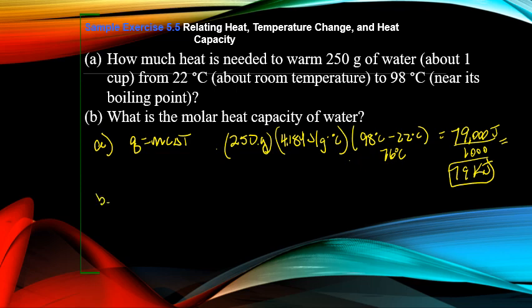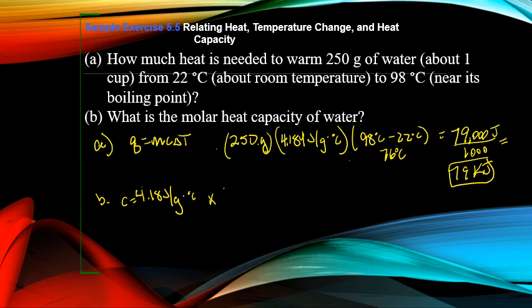For part B, for the molar heat capacity for water, again, we are taking the normal C value for water, which is 4.184 joules per 1 gram per degree Celsius. And then for the molar heat capacity, we're trying to see how much energy is going to be required to raise 1 mole of the substance by 1 degree Celsius.